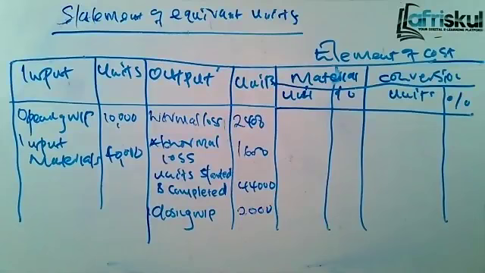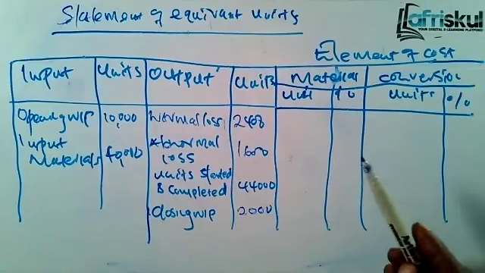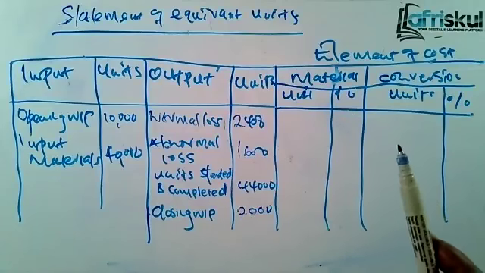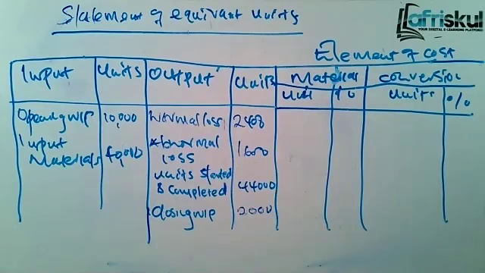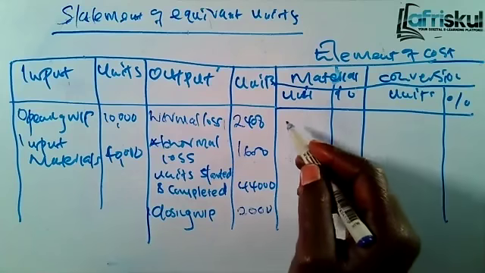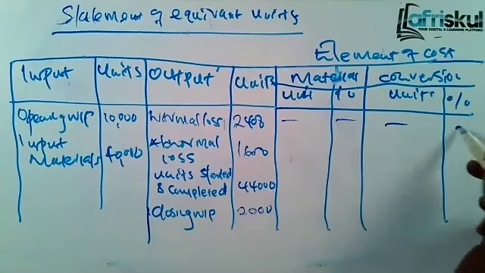Now you come here to the percentages, the conversion, which are the elements applied to the items in order to make them complete. For normal loss, we said they have undergone the whole process, so here you put dashes.